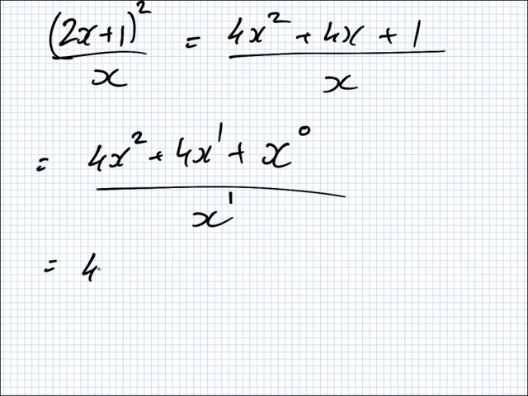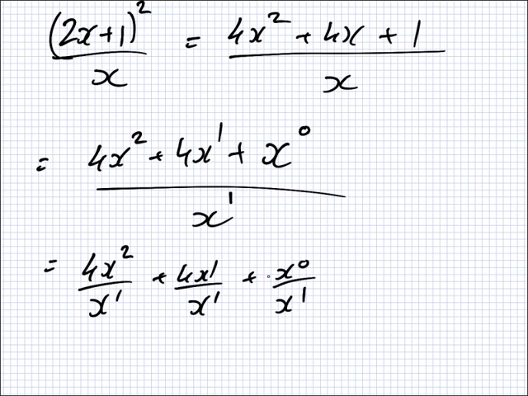So this would be 4x squared over x to the 1 plus 4x to the 1 over x to the 1 plus x to the 0 over x to the 1. So what's the first one? That's 4x. What power? Ah, yeah, well, if I must write in a power, be 1. And then the next one, if I must write in a power, 0. And the last one? Minus 1. Okay, so that's me writing the answer.